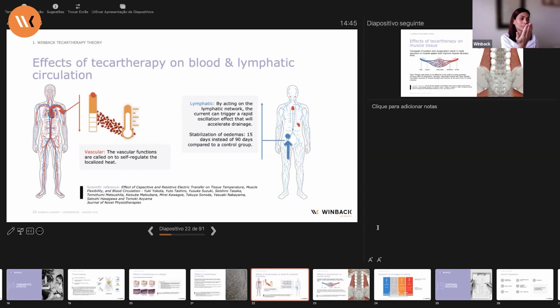We quicken the normal flow of the lymph in the lymphatic system, and in the same way as we lower the viscosity, we are working on the liquid that is in our cells, intra and extracellular tissue, and we enhance it to drain it.